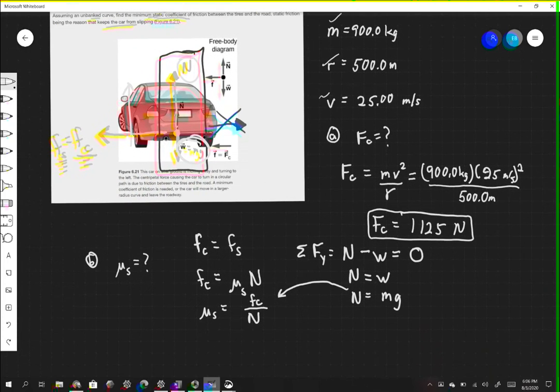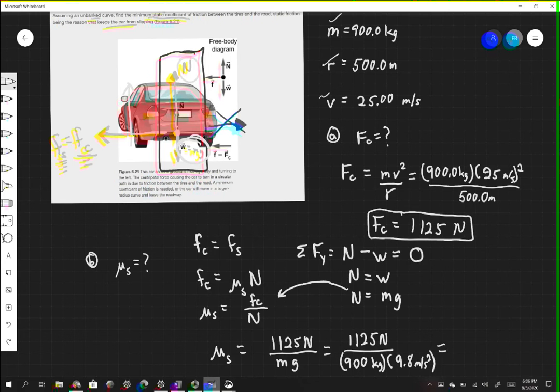I can plug that into the equation that I've just derived. So my coefficient of static friction has to be equal to the centripetal force, which we just calculated was 1,125 newtons, all divided by mass times gravity. I can plug those numbers in: 1,125 newtons, divided by the mass, which we were told in the problem was 900 kilograms, times the acceleration due to gravity of 9.8 meters per second squared.